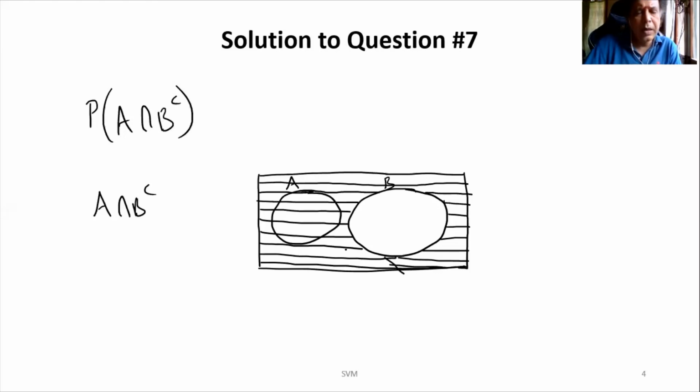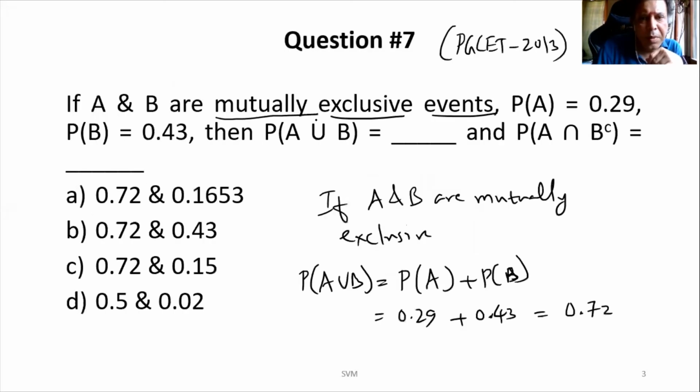Now, what I shaded is only for B complement. Then I have to shade A, let me use a vertical line only for A. Then what is the common region for A intersection B complement? It's nothing but A only, because it is mutually exclusive. So I can simply say probability of A intersection B complement is nothing but probability of A. What is probability of A given? It is 0.29.